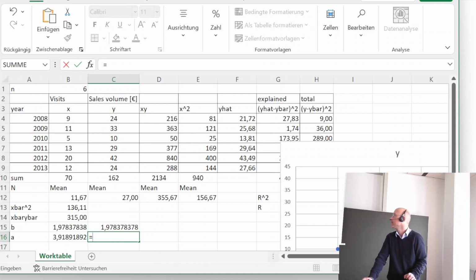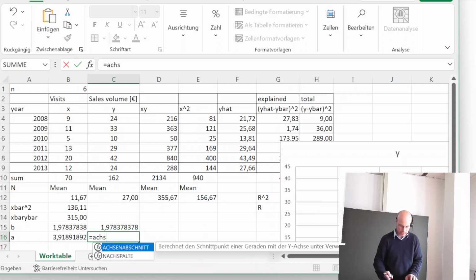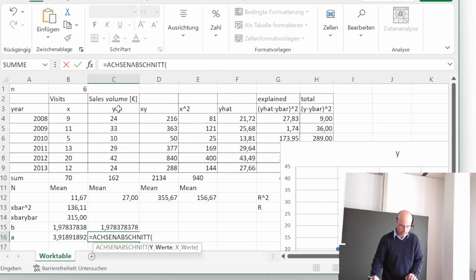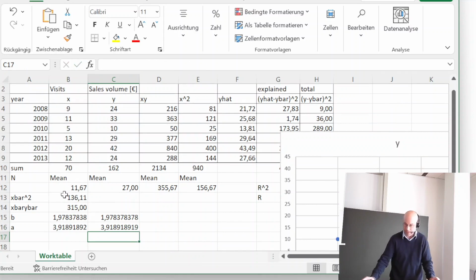The German word for the vertical axis intercept is Achsenabschnitt, y and x, enter, and we are also in business.